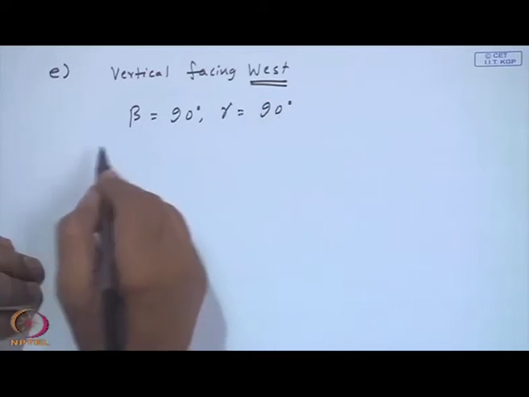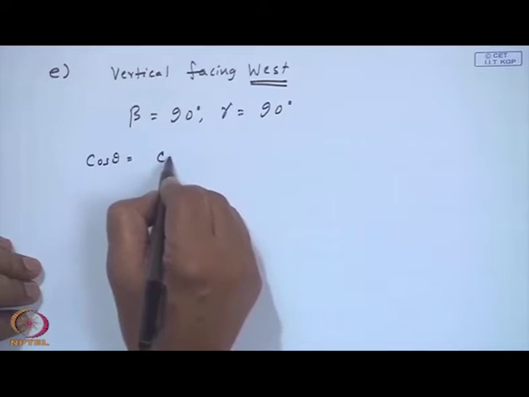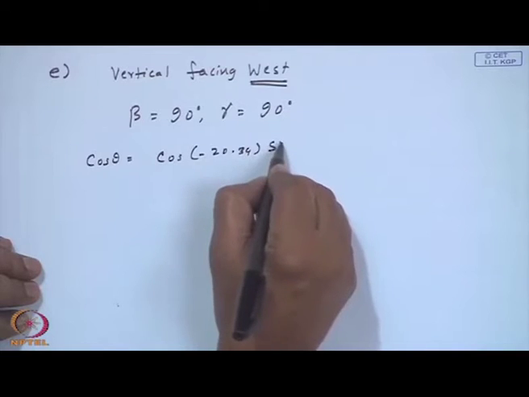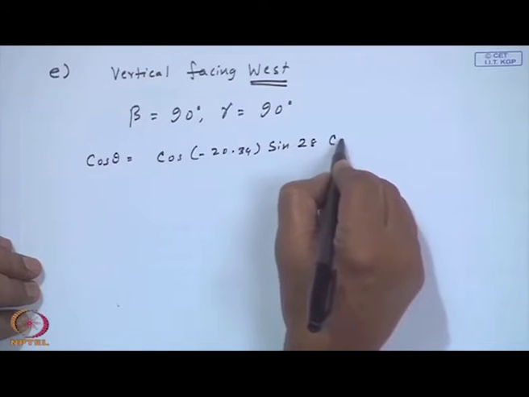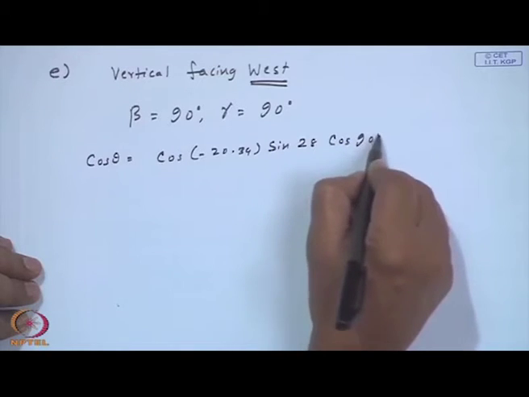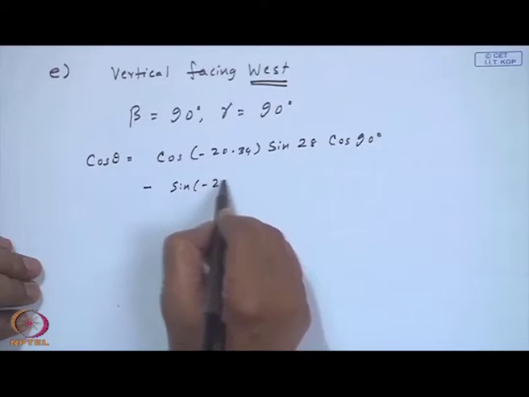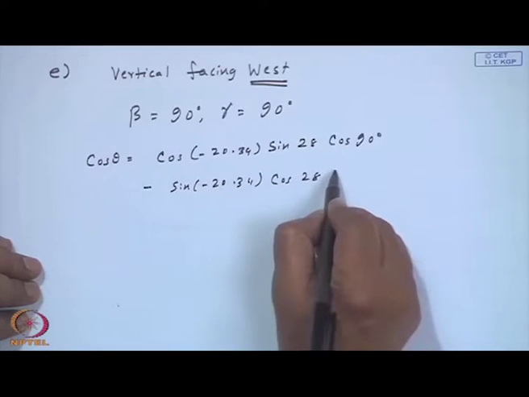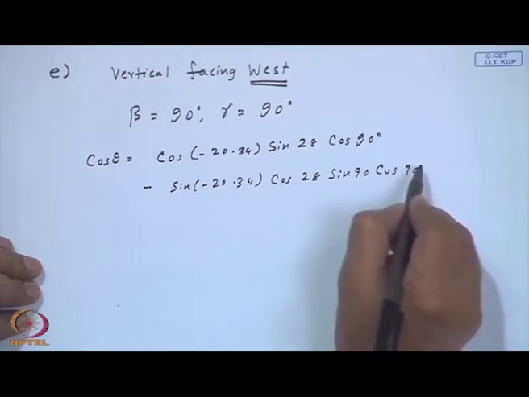equation, which I shall also write the full equation in terms of cos theta equal to cos delta sin phi times cos whatever beta or gamma cos 90 degrees, minus sin 34 cos 28 sin 90 cos 90.